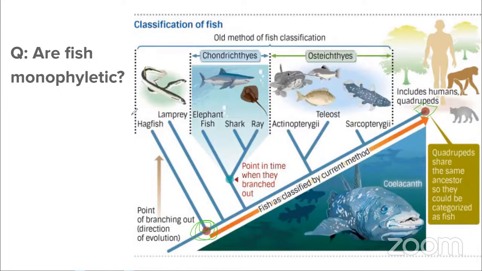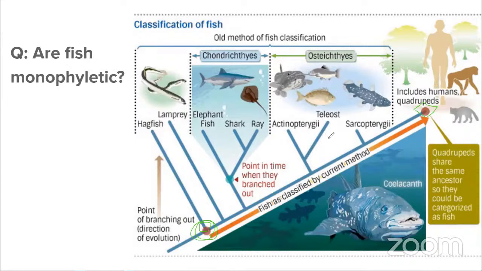So this is not a monophyletic group in the way that we use the term fish, because we're excluding this branch here. So we can see how the quadrupeds, humans, our ancestor essentially is a sister group over here to our bony fishes. Here, these vertebrates living in the ocean.